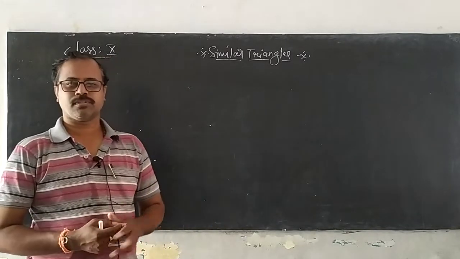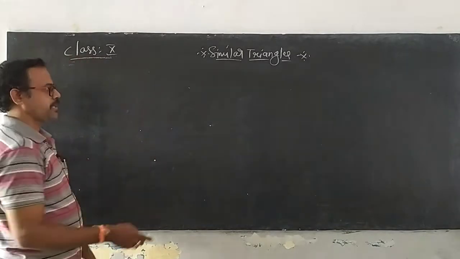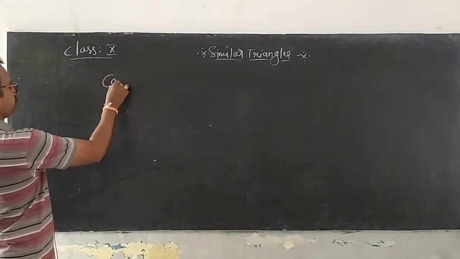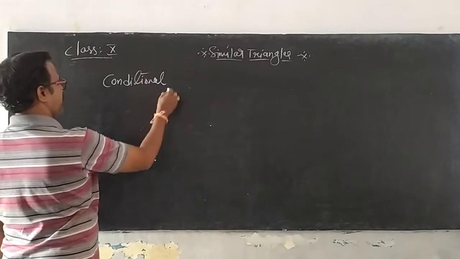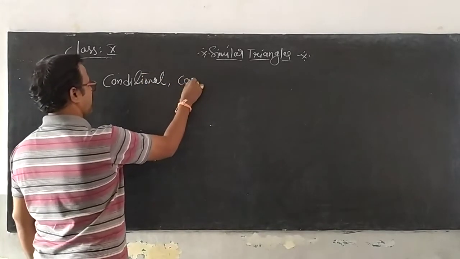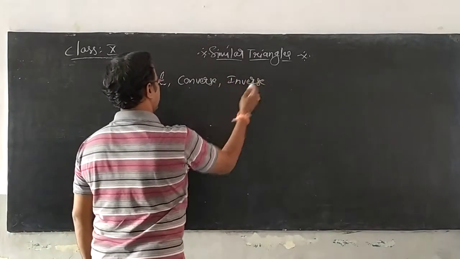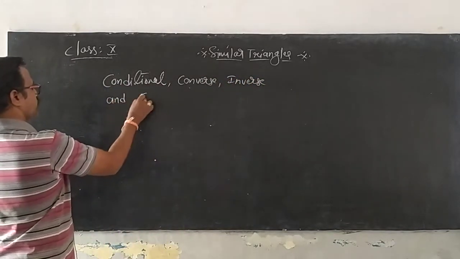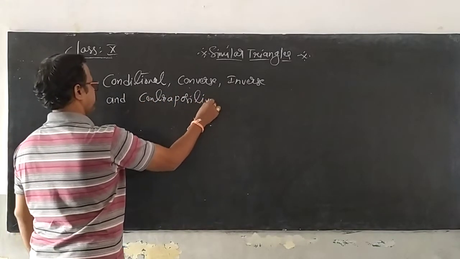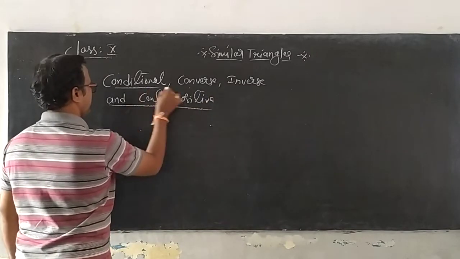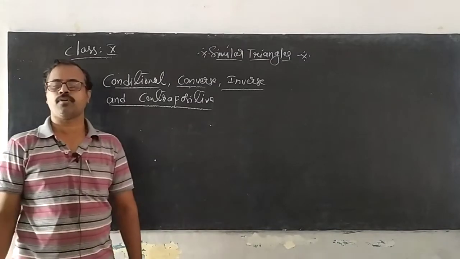And I said to you that the implication is most important for you, because implication can also be called a conditional, and the other three forms of a conditional are converse, inverse and contrapositive. Okay, conditional, converse, inverse and contrapositive.